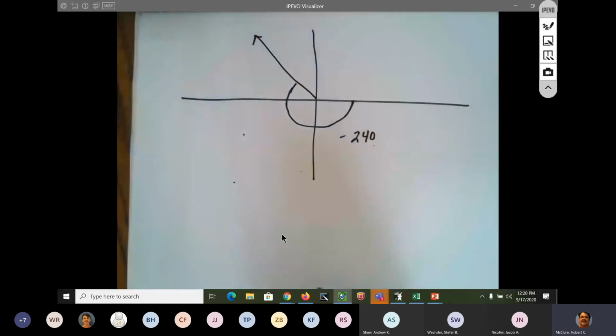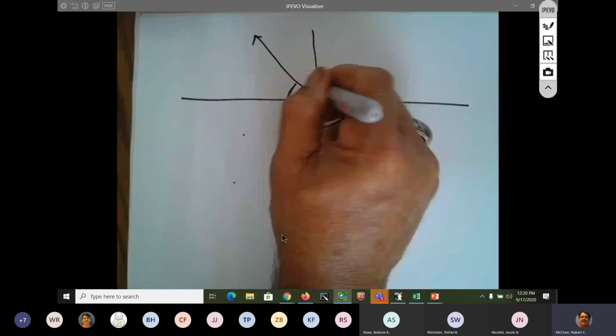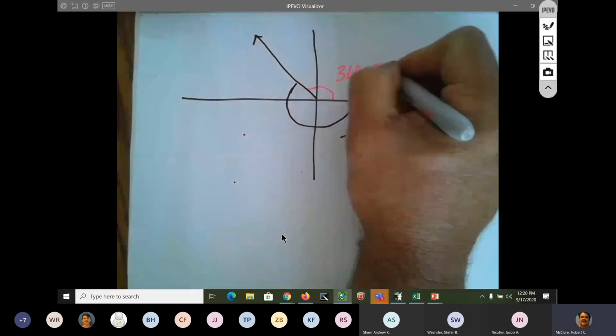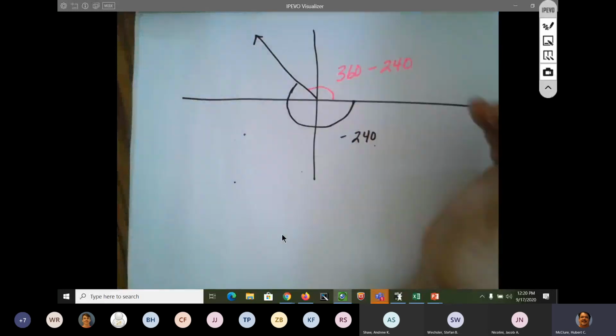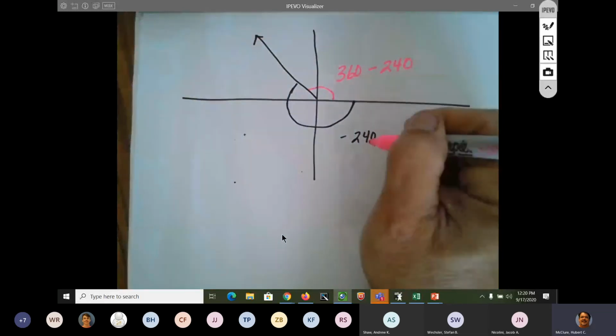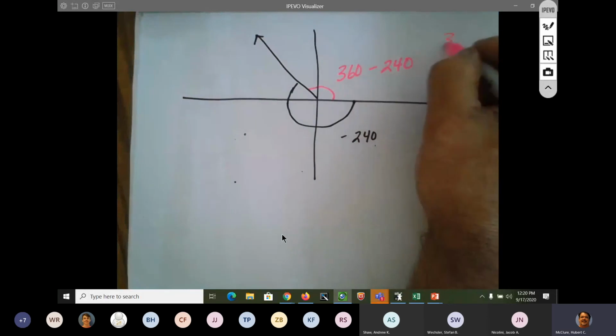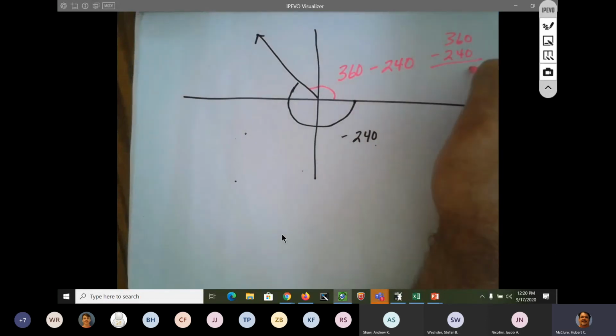So let's figure out what this pink angle is right here. That's going to be 360 minus 240, which is 120.